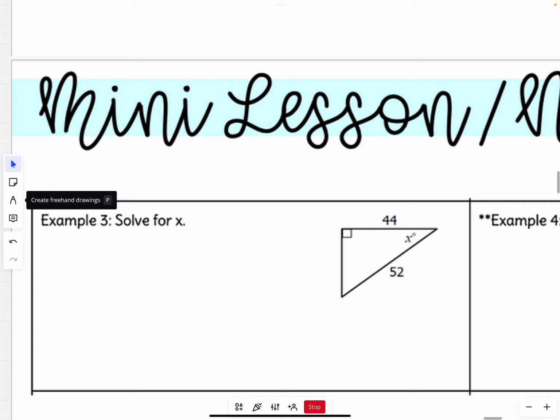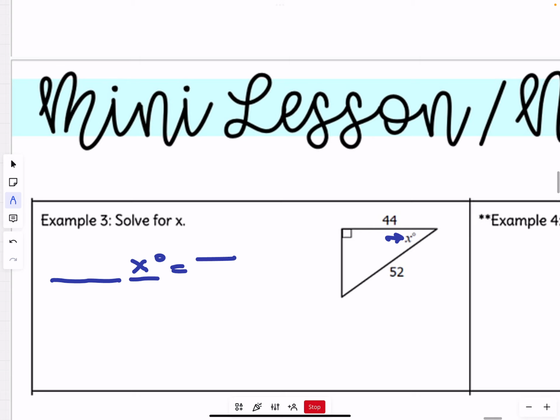For this one, same idea. Always start with trig function of something degrees equals something over something. We know the something degrees is going to be x degrees, from the angle that's inside. And then to find our trig function, I need to look at what I know.